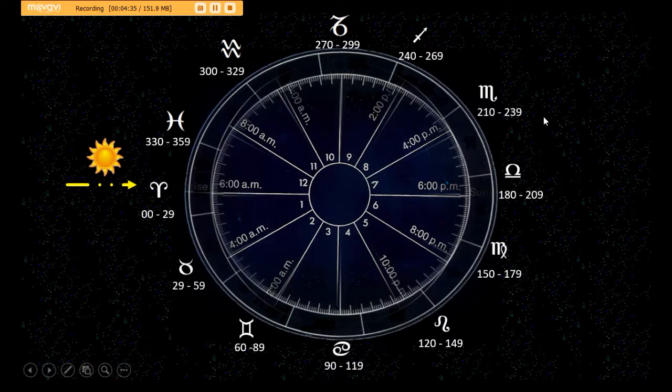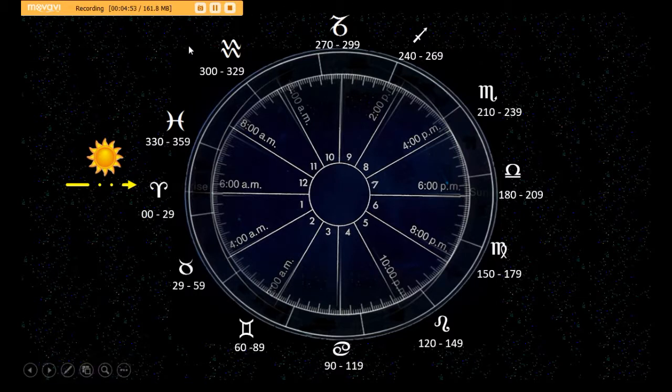Normally this is east and it's rising, so I would have to put the map backwards, and this would be the first house and this would be the seventh house.